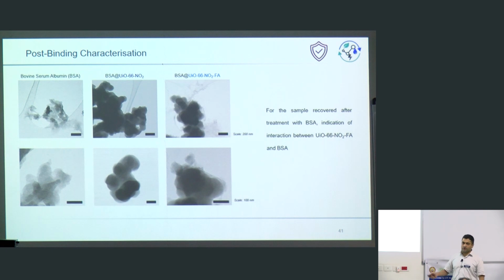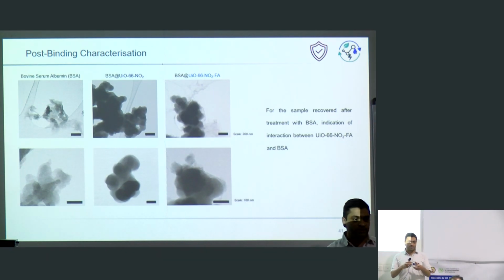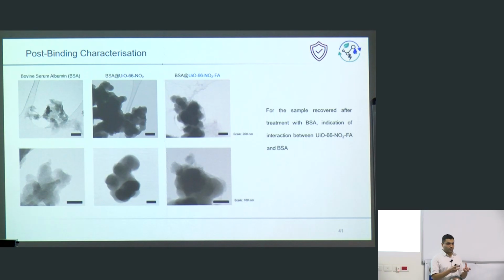The last one is the one with the functional group, which now has the folic acid, and you check that image and you see that the flaky particles are now all around these particles. So that suggests that all the BSA is now surrounding the functionalized morph particles, which is again quite a good indicator that this original strategy is working.